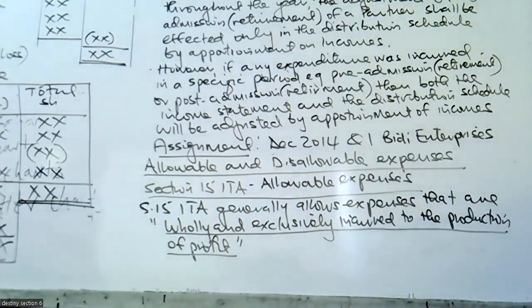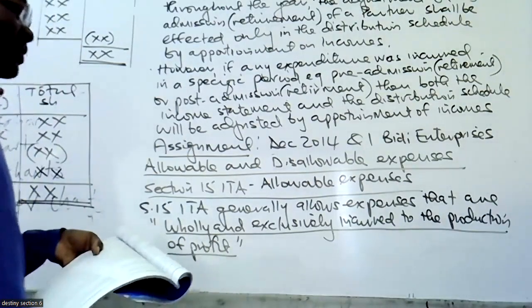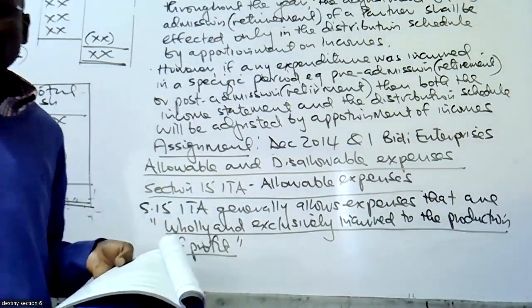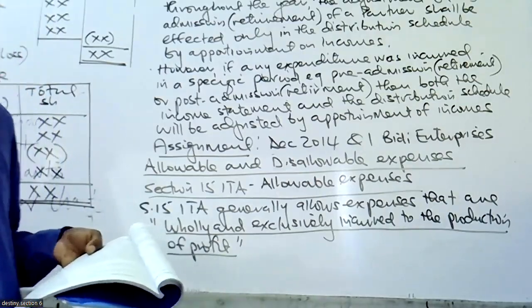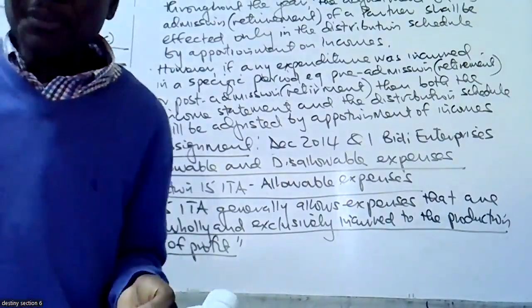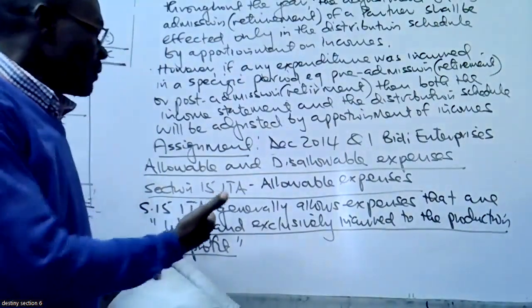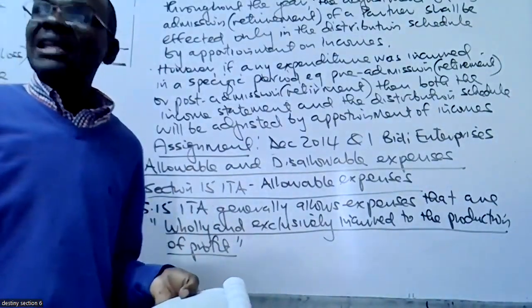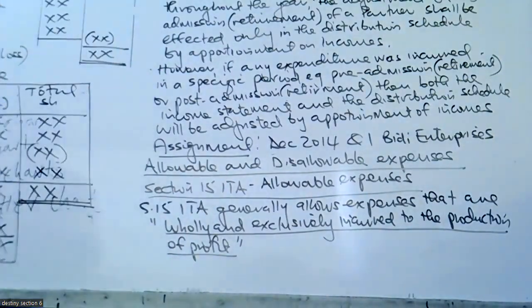If I put rent here and I ask, is rent wholly and exclusively incurred to produce profit? The answer is yes, because without paying rent for the premises, you cannot produce profit. In the same way, an expense like electricity, salaries and wages for the workers.